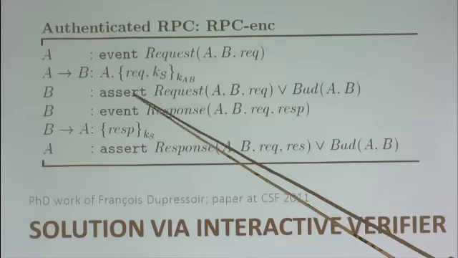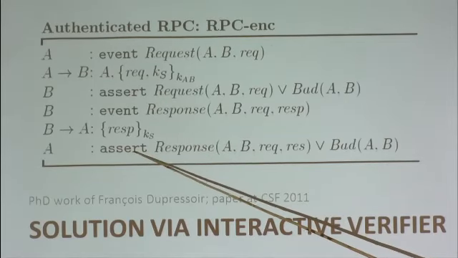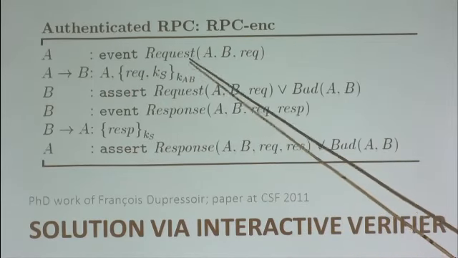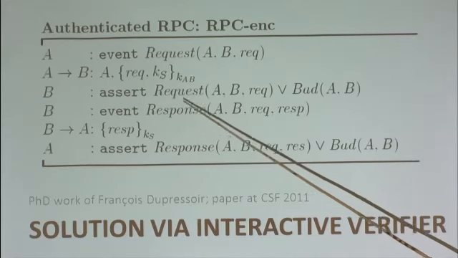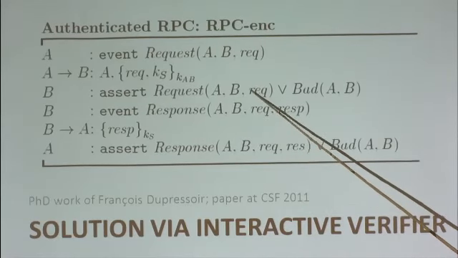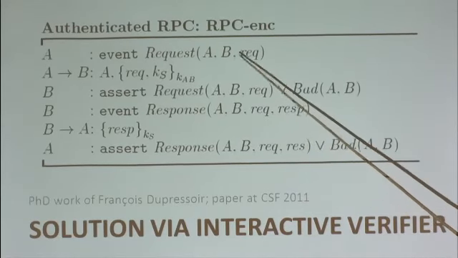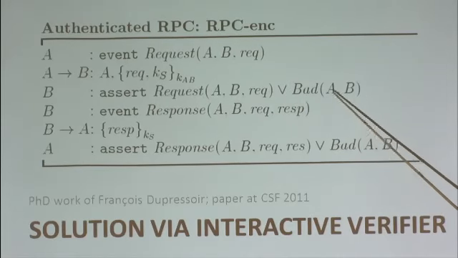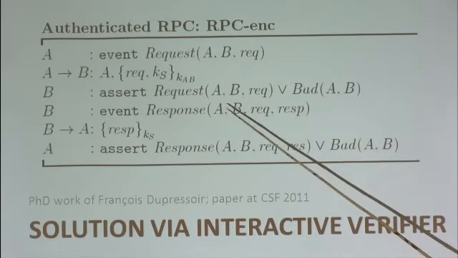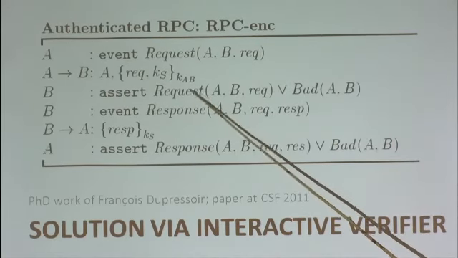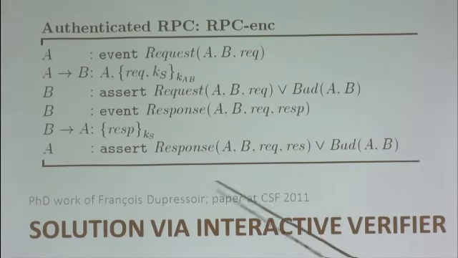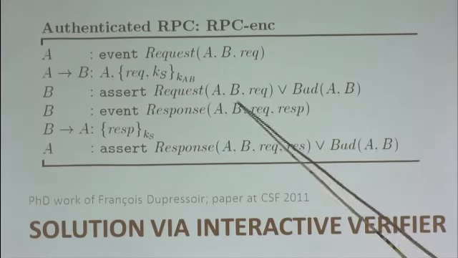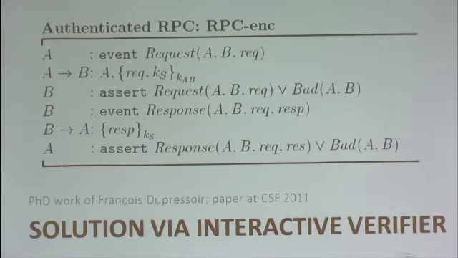And then I'm going to have assertions, program assertions in the C code, that would say here, for example, that after you receive this request, if B checks it, then it's either the case that the request exists in the log, has happened, or the key has gone wrong. Because if the key has gone wrong, then the attacker could fake this message, and you could get to this line without this having happened. And similarly, you have an assertion here with a qualification.